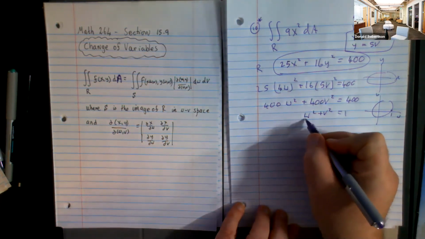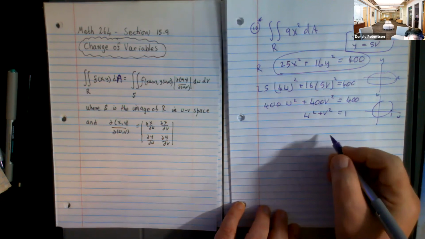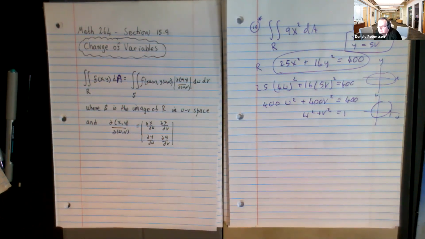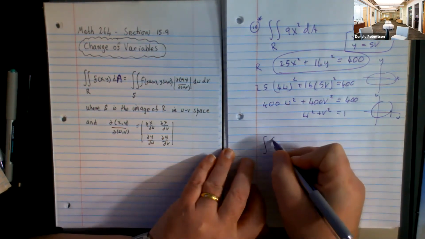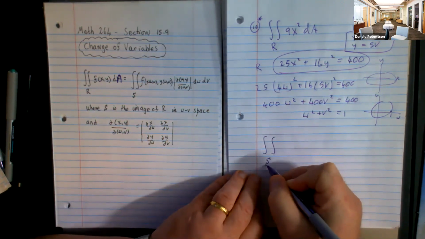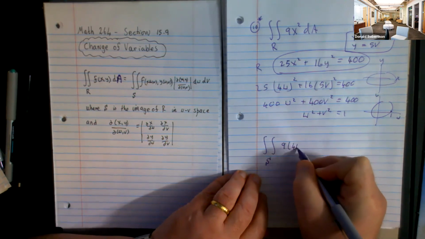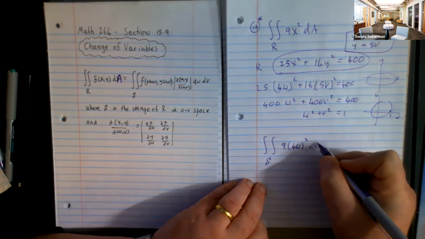If I want to describe a circle, wouldn't polar be the easiest way to describe the region? So we are going to be doing an integral over region S. 9x squared becomes 9 lots of 4u squared. And we're going to do a Jacobian.